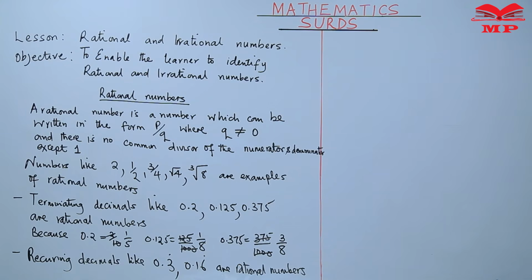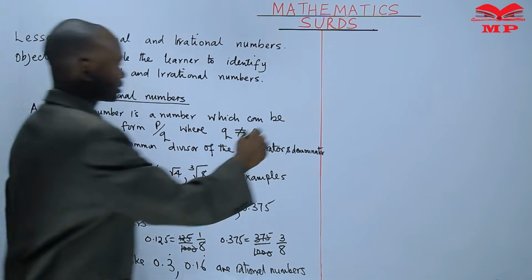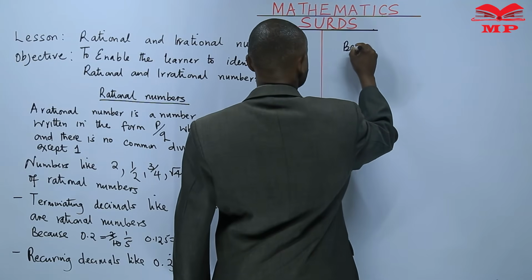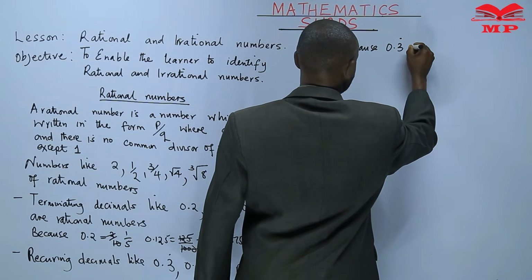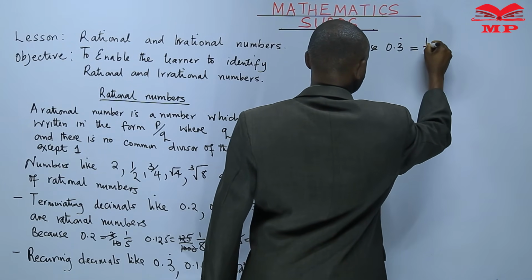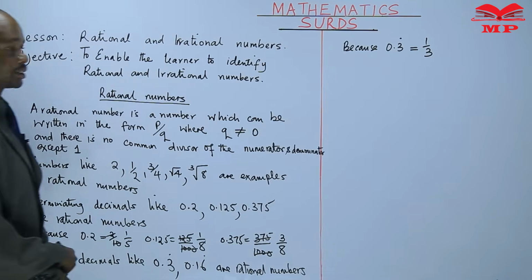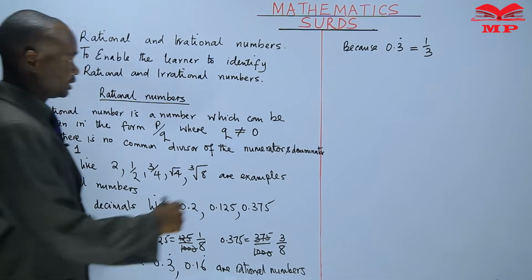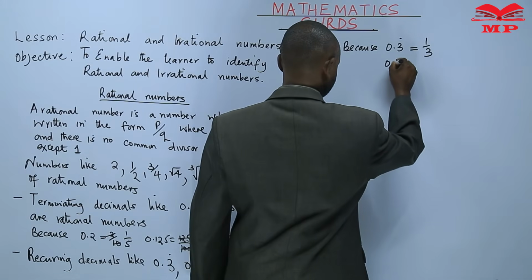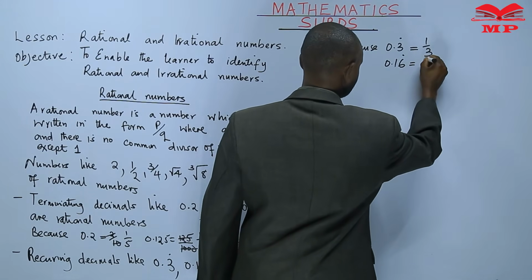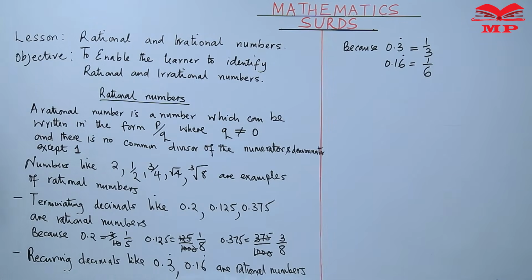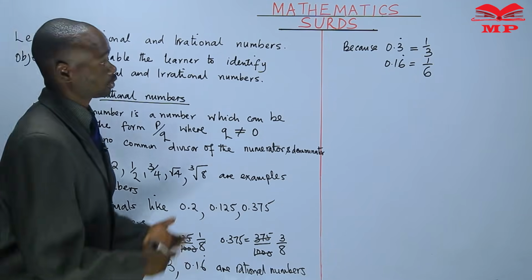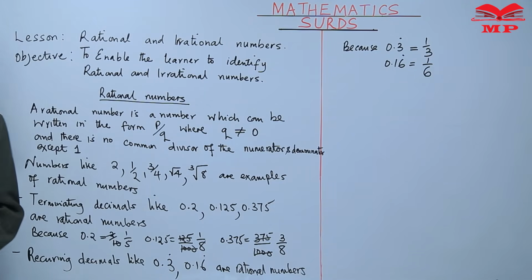They are actually rational numbers because 0.3 recurring converts to the fraction 1 over 3, a rational number. And 0.16 with 6 recurring works out to 1 over 6. So that's why the recurring decimals also get into that category.